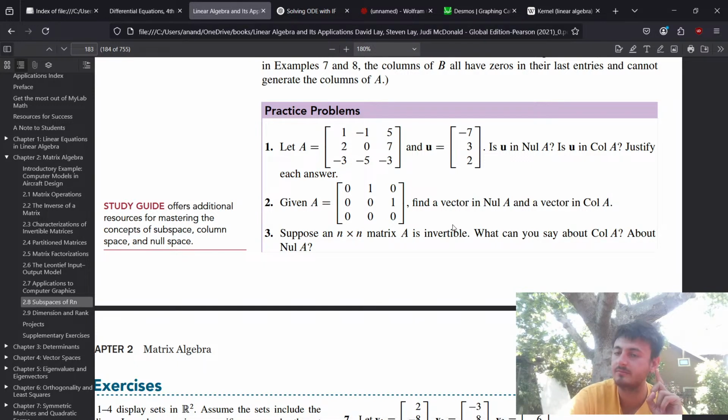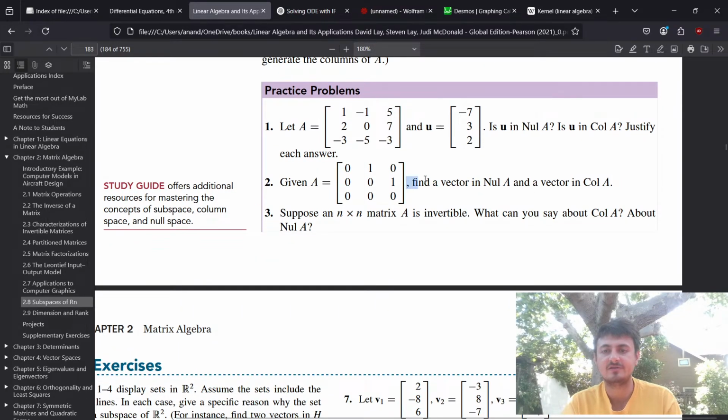And we should note, first off, 0 is always in the column space and it's always in the null space. So you might think that the null space and the column space are disjoint, but that's not true.